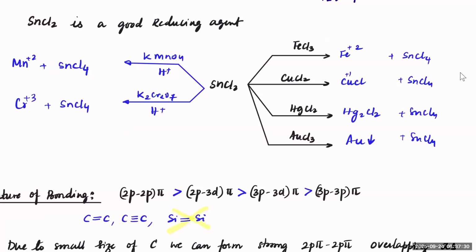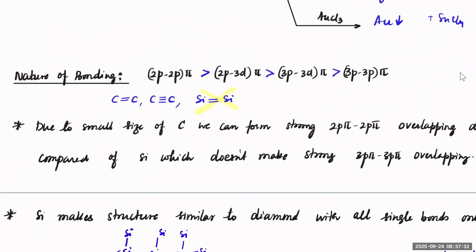Next. Typically, when you compare the nature of bonding, 2p 2p pi bond will always be greater than 2p 3d, 3p 3d, and 3p 3p. This is something which we know.